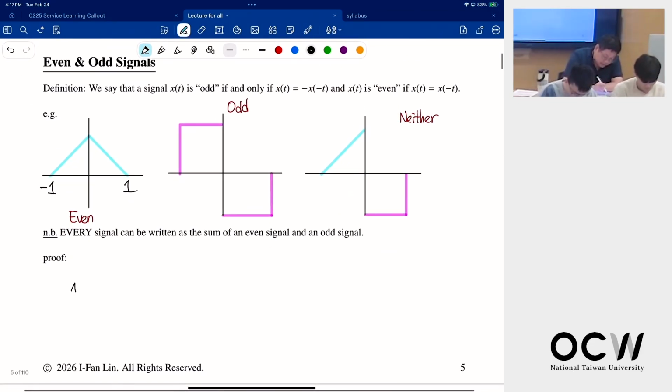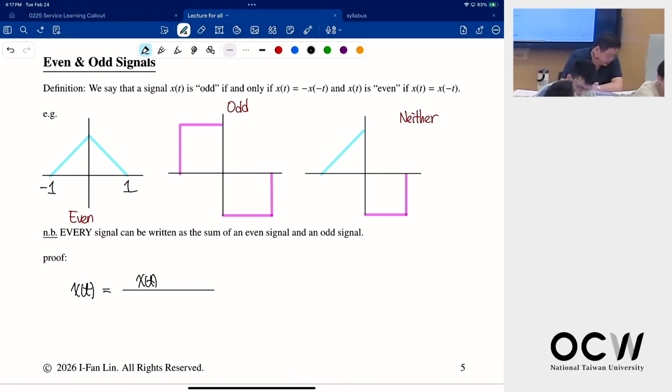So suppose the signal is x of t. And I can rewrite the signal as x of t plus x of minus t, I do the reverse, over 2. Plus, since they said even and odd, plus x of t minus x of minus t over 2.